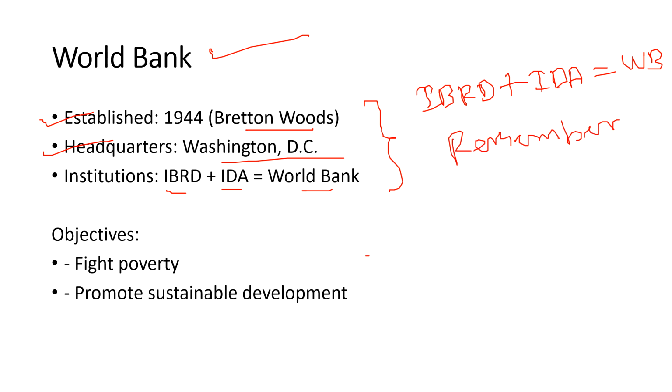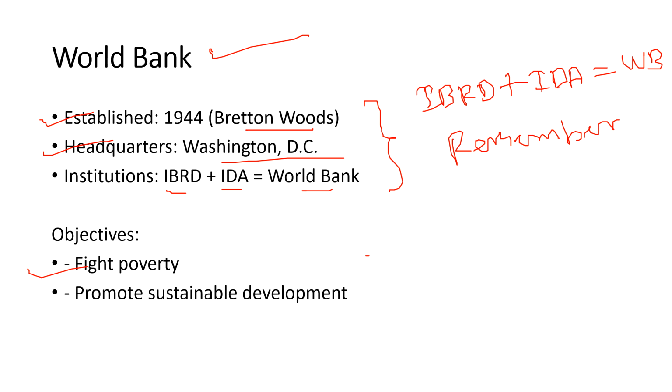And these objectives we'll discuss now. You need to understand. Okay, so the first objective of World Bank is to fight poverty, that means reducing poverty, correct? Which is really a very important work of World Bank, reducing poverty and improving living standards, right? So World Bank is the body which is focusing on uplifting low income and developing countries, correct?